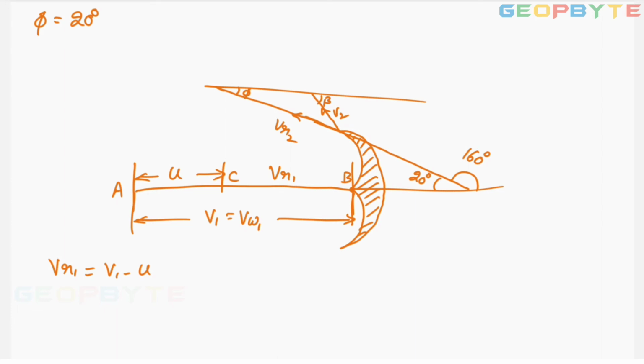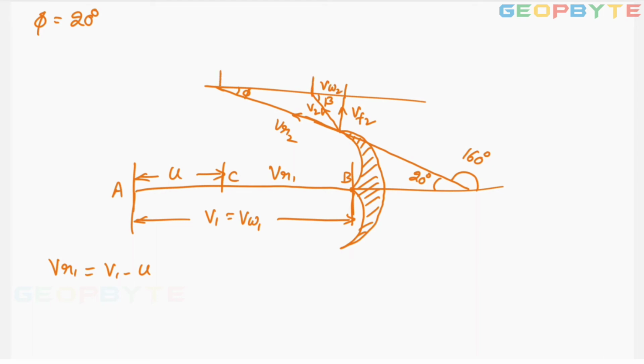Let us mark the V2 somewhere here, and this is the beta. Since the jet is making an angle beta with a velocity V2, developing two components of velocities, this is the VF2 and this is the VW2.